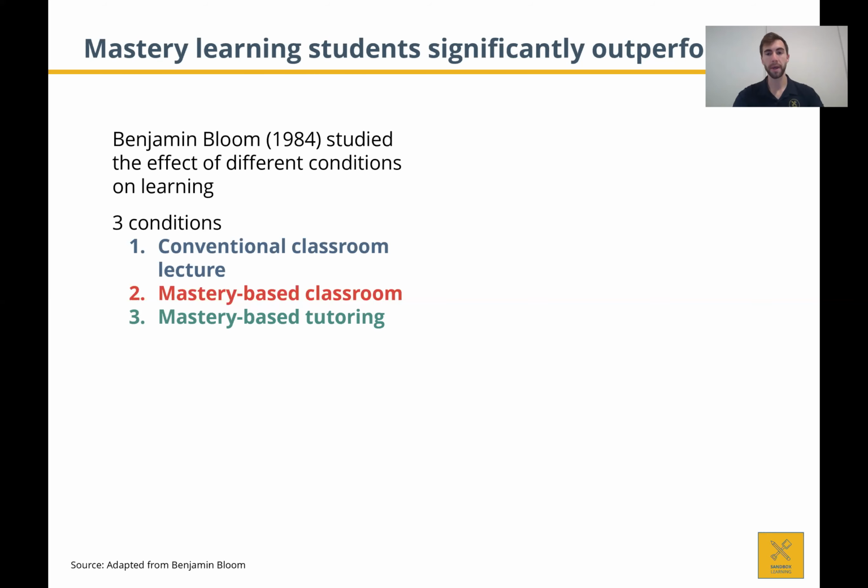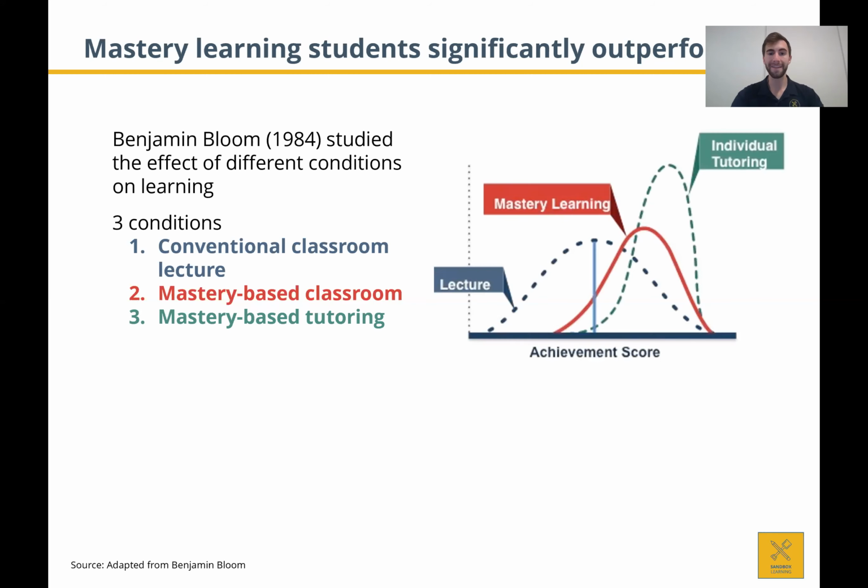The third approach is mastery-based tutoring. So one-on-one and also one to two or three, using that approach, but much smaller numbers of students for each tutor. When Benjamin Bloom then conducted follow-up tests with each of these groups, he found that the mastery-based approach far outperformed those of a traditional lecture.